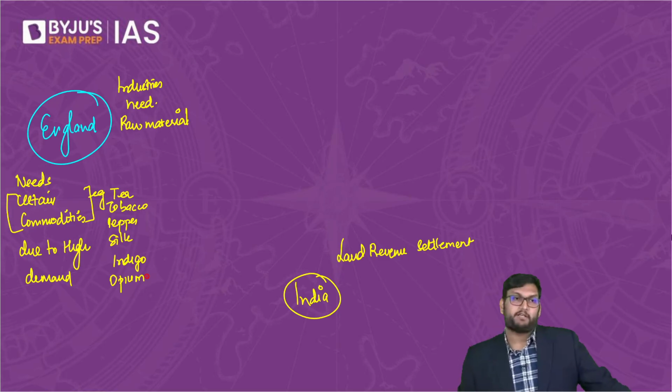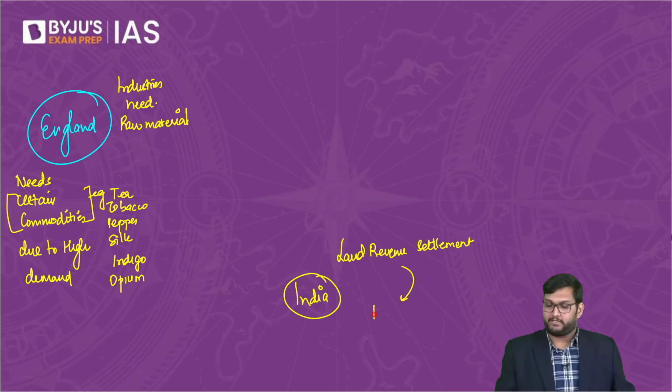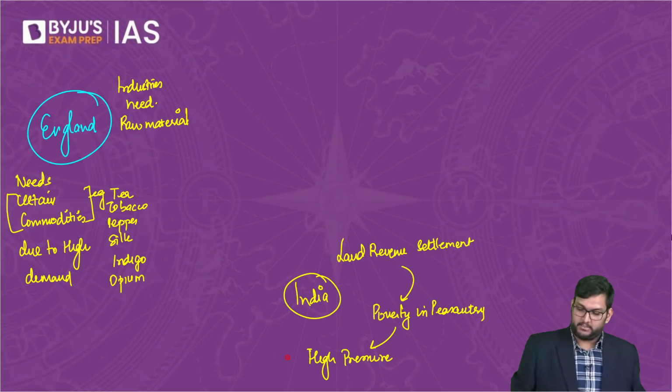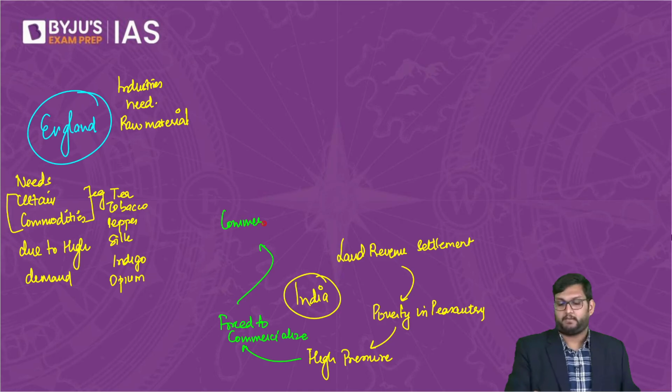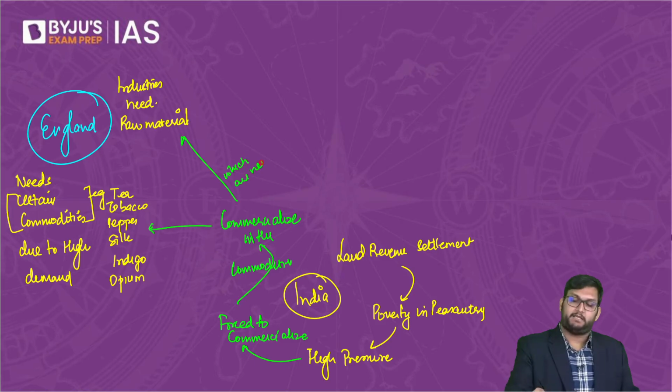Now, land revenue settlements will in turn lead to poverty in the peasantry, will create high pressure, and they will be forced to commercialize, but they will commercialize in the commodities which are needed, which are in demand.